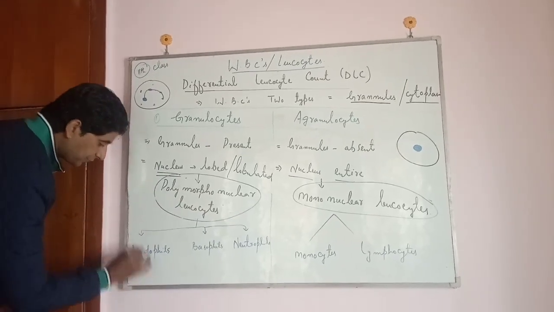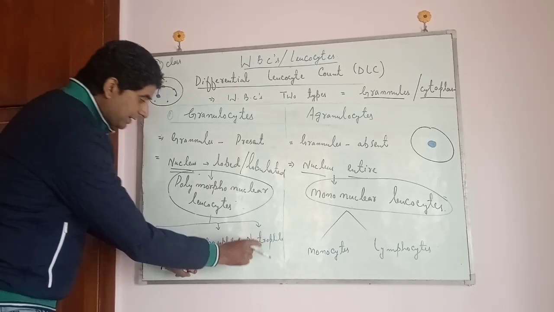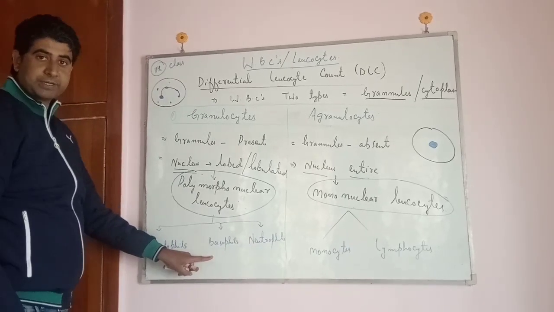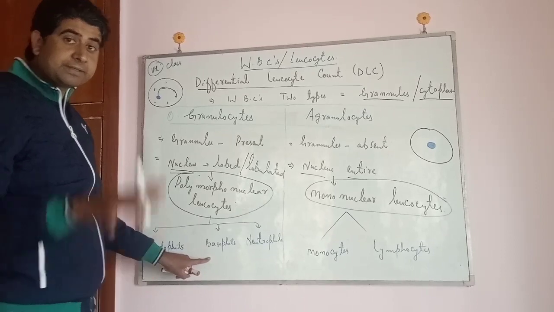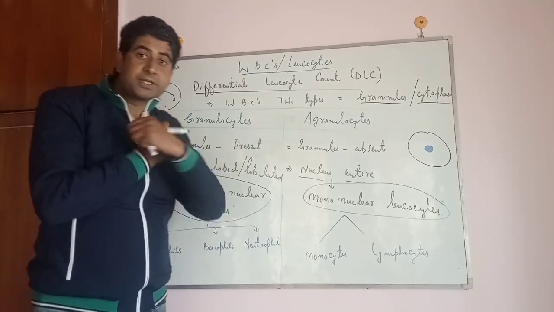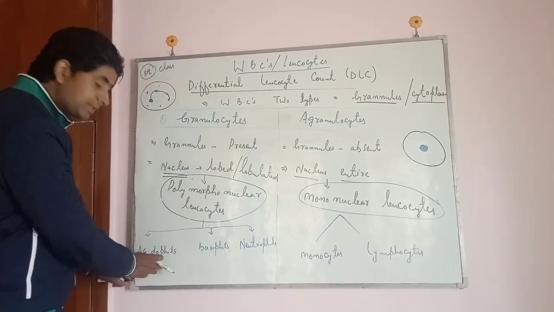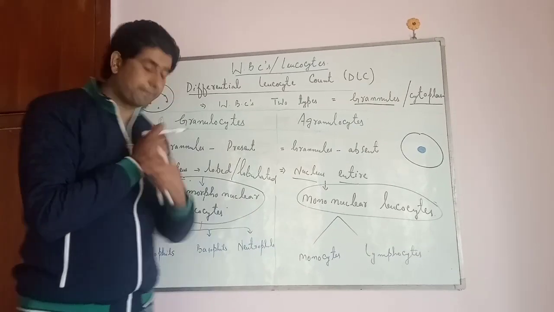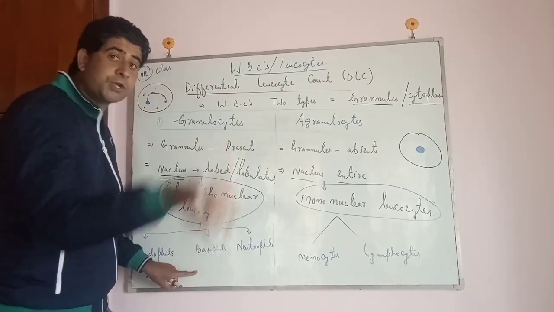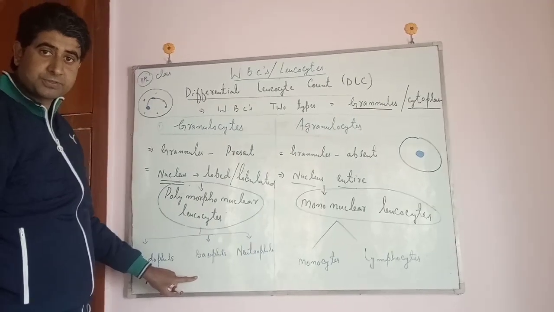First one is the acidophils, number next is the basophils, and number third one is the neutrophils, depends upon the stain they absorb. अगर ये acidic stain absorb करें तो acidophils, अगर ये basic stain absorb करें तो basophils, अगर ये neutral stain absorb करें then they have been termed as neutrophils.